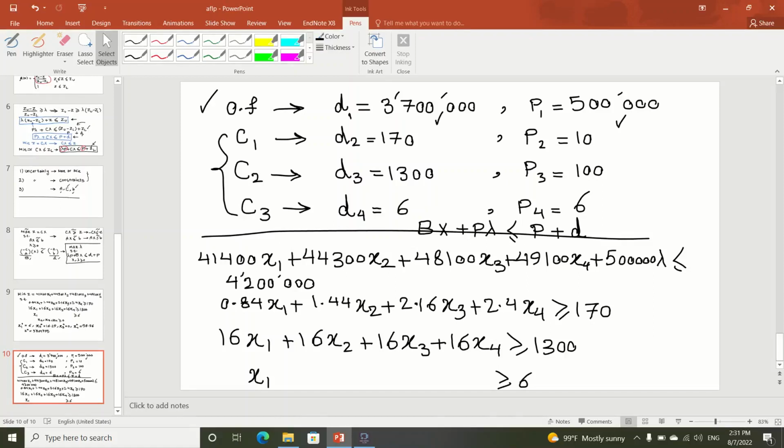As you see, I added the main constraints to this linear programming, so these constraints must be converted to the crisp linear programming using lambda.